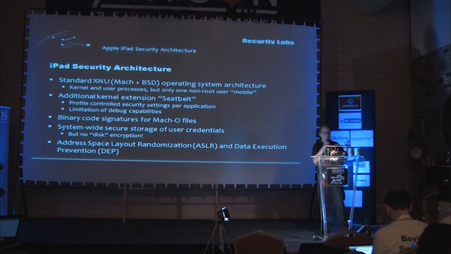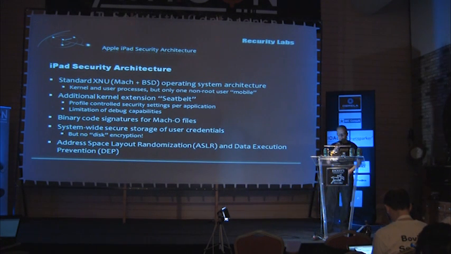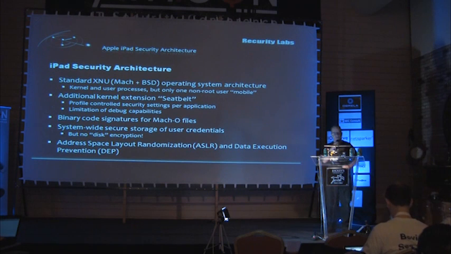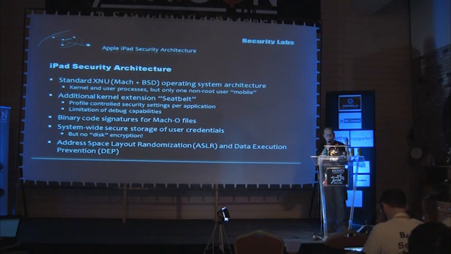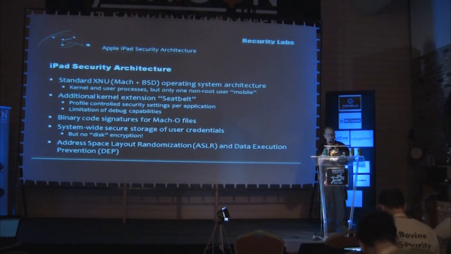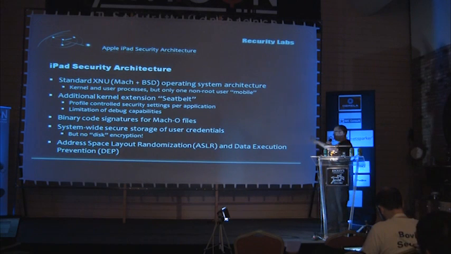They have binary code signatures, so all the binary code is signed somewhat. We're getting to that. There's a system-wide storage of credentials, so the attacker has a really easy time if they steal your keychain. But there's no on-disk encryption, for example. Like your data sits on disk as it is, and they have ASLR, DEP, all the modern stuff.